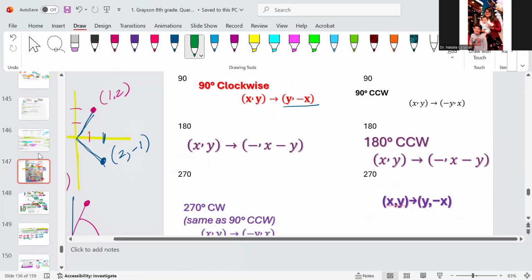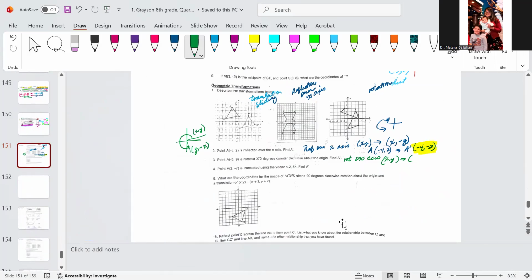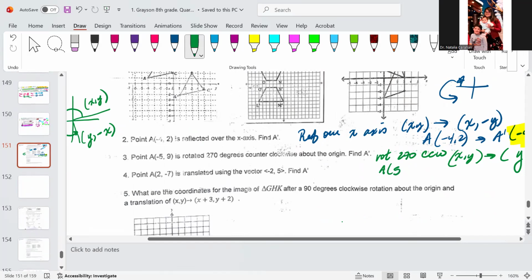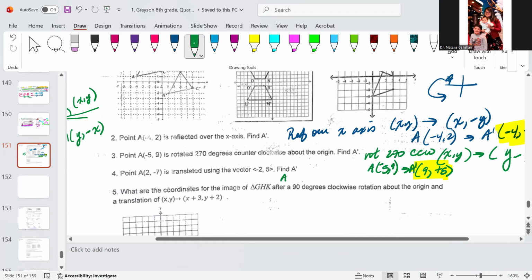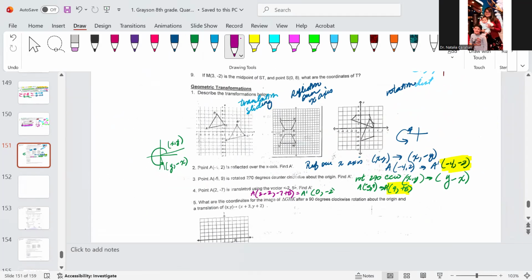Y negative x. Do you want to check your answers for number 1 to 4 with me? 1 to 4, check your answers.